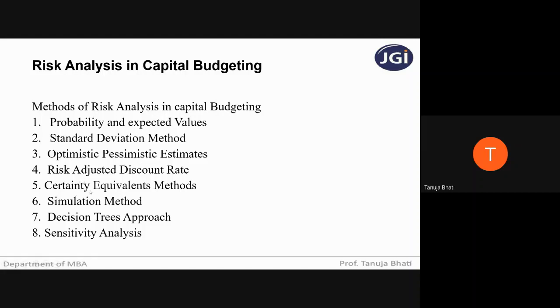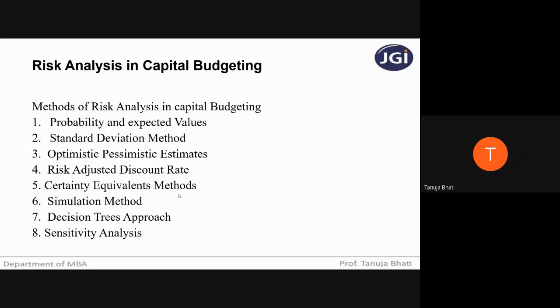Next is the certainty equivalent method. Under this, you are again going to consider the risk associated with the investment decisions that you're going to take. This usually involves, students, expressing the riskier future cash flows in terms of certain cash flows which would be considered by the decision maker.